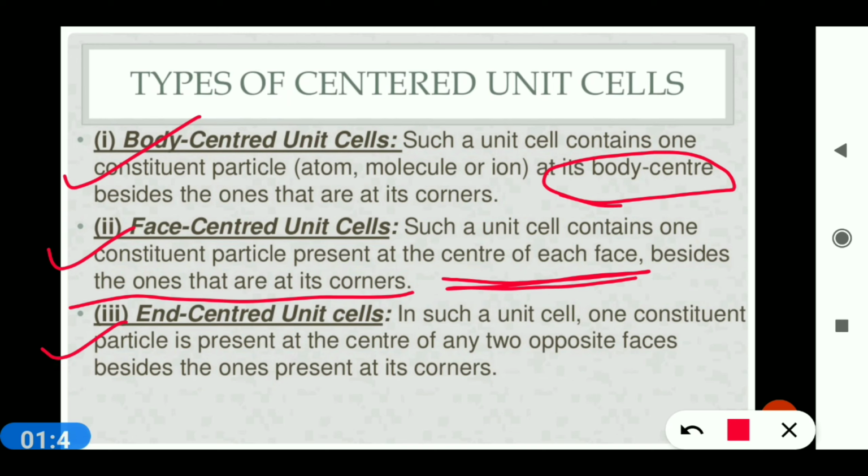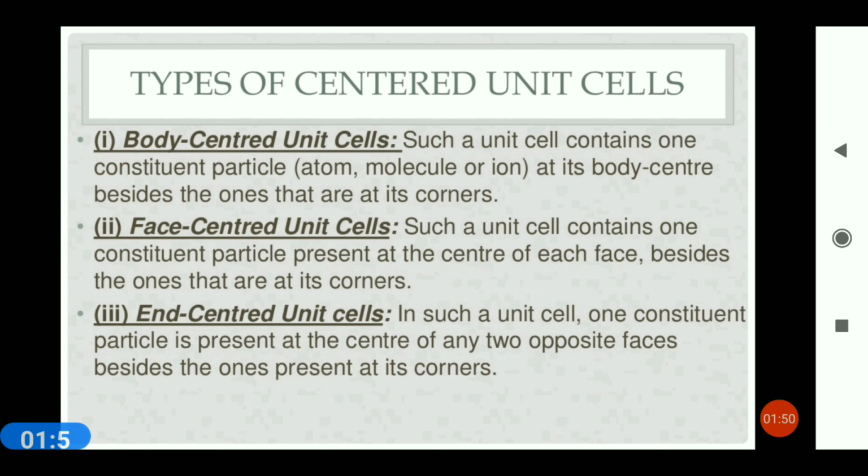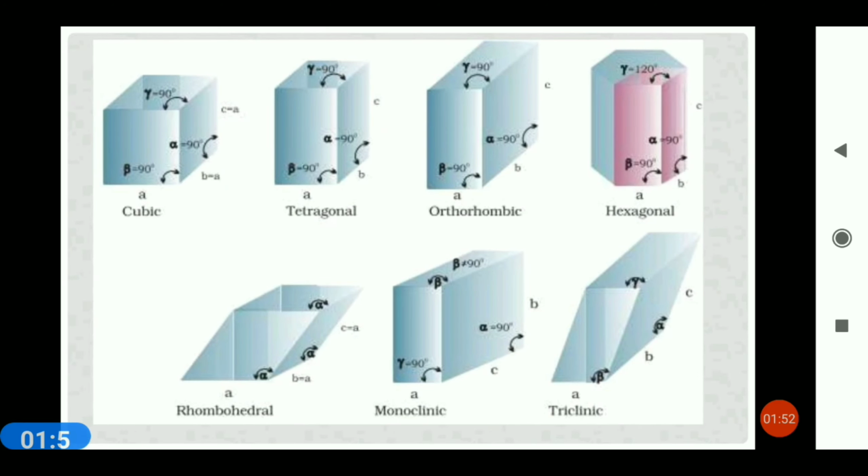In end centered, constituent particles are present at the center of any 2 opposite faces along with those at the corners. So these are the 7 main lattices by which we can form 14 Bravais lattices, in which one is cubic.